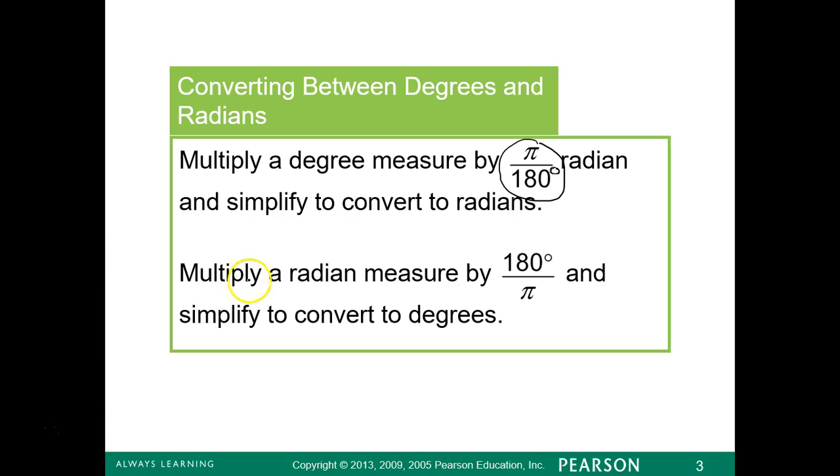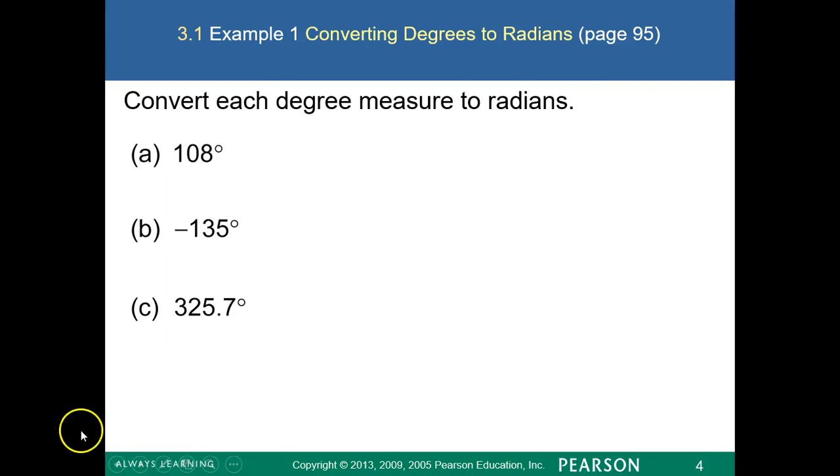If you want to convert back to degrees, if you have a radian measure, multiply the radian measure by 180 degrees over pi, and then simplify to convert it to degrees. Let's look at an example.